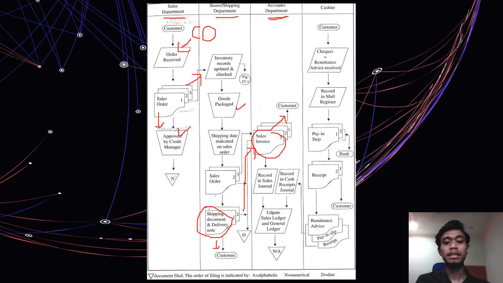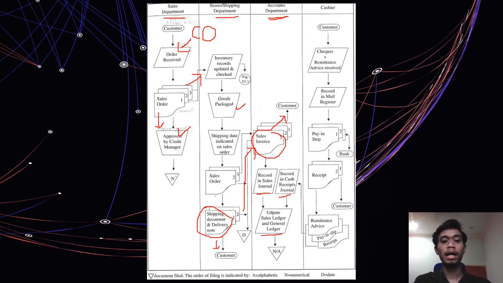So here they will tell the customer how much to pay and what the terms are, and then the account department will record the journal and record the cash receipt journal. They will update the ledger.